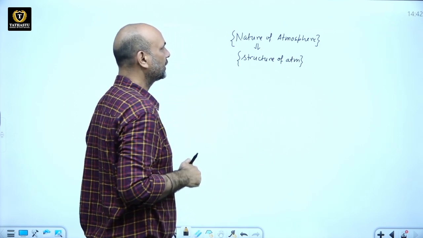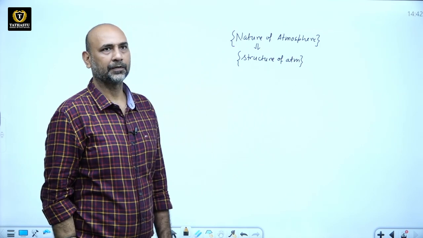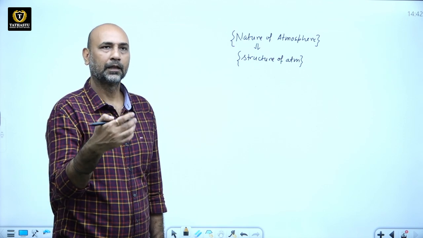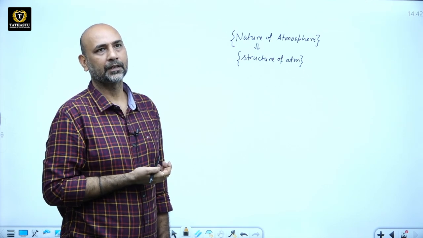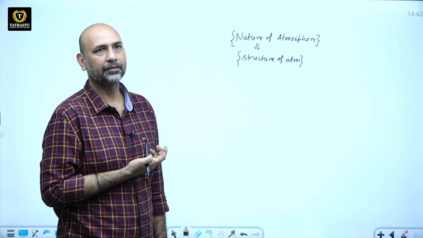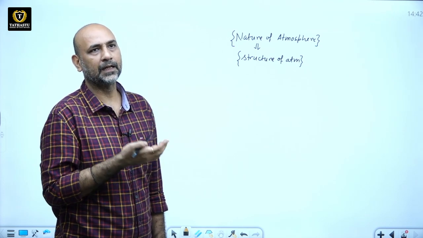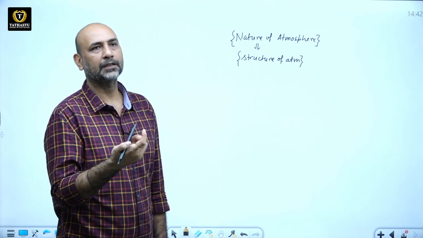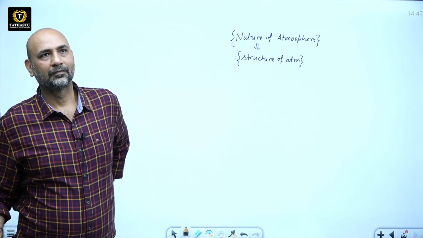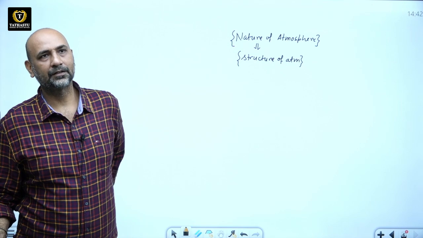Structure of atmosphere describes nature of atmosphere. Like structure of caste is the nature of caste, vertical stratification of caste on the basis of the concept of pollution and purity.